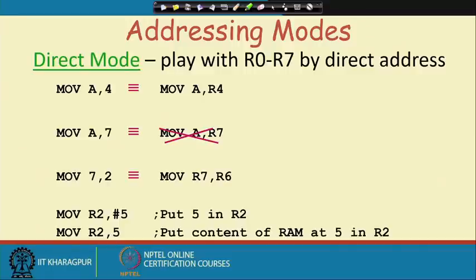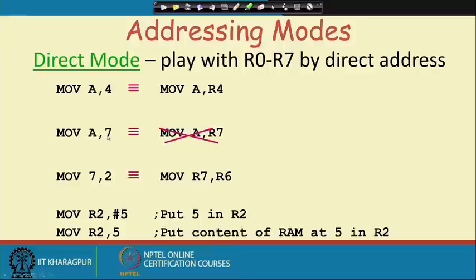In the direct mode, we can have instructions like MOV A, 4. Instead of writing registers, when you write MOV A, R4, it is equivalent to MOV A, 4. Then we can have MOV 7, 2, which is equivalent to MOV R7, R6.